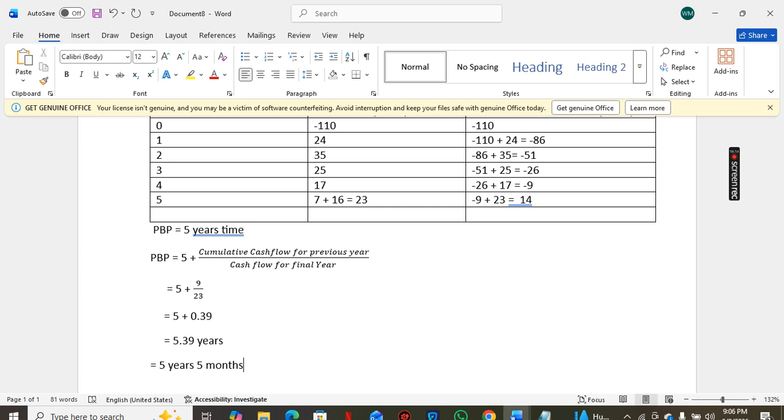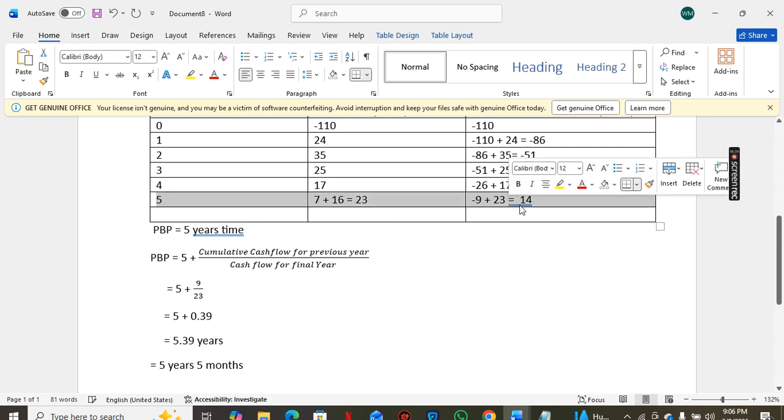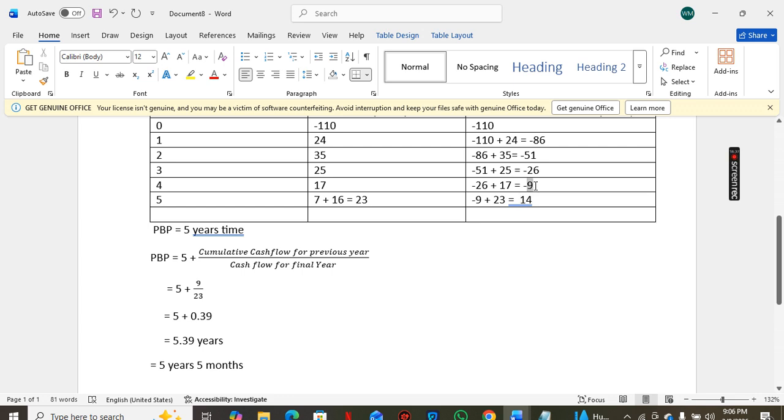So, I wanted to ask, why are we not getting 14? We are getting 9. I think I'm lost. Cumulative cash flow. You look at the final year, then you see the cumulative cash flow for the previous year. So you get this 9.